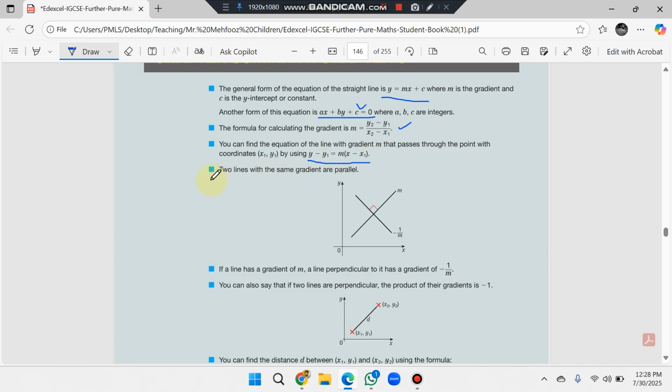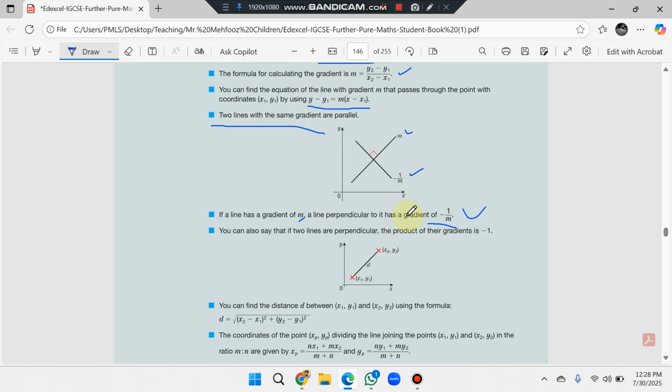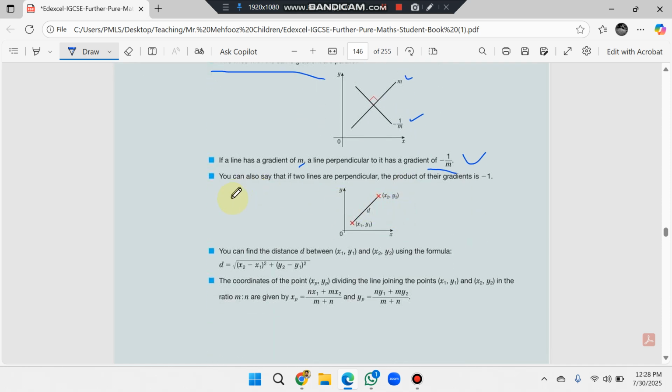Okay, the next one: if two lines have the same gradient, they are parallel. The second one: if a line has the gradient m, the perpendicular to it has the gradient minus 1 over m. Because when we multiply the two gradients, the answer equals minus 1. So if two lines are perpendicular, the product of their gradients is minus 1.